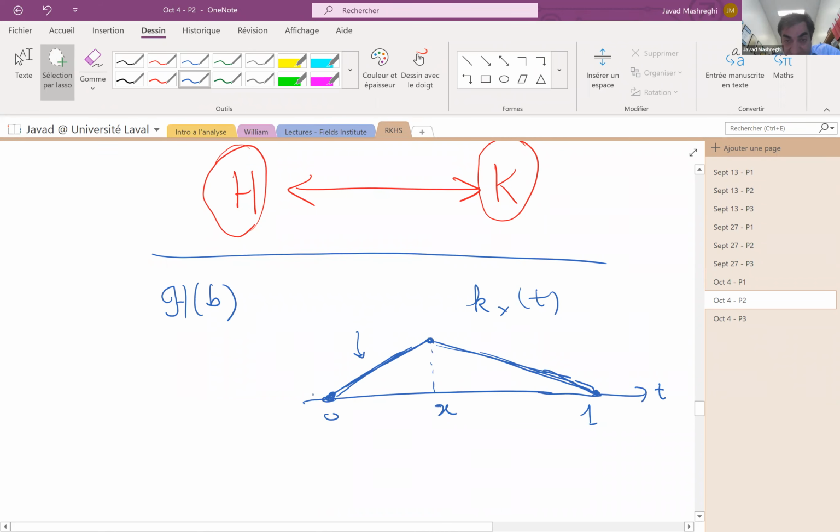When you look at this kernel, you cannot immediately say that this K_x is related to a space of absolutely continuous functions such that the derivative is in L2. No, absolutely not.